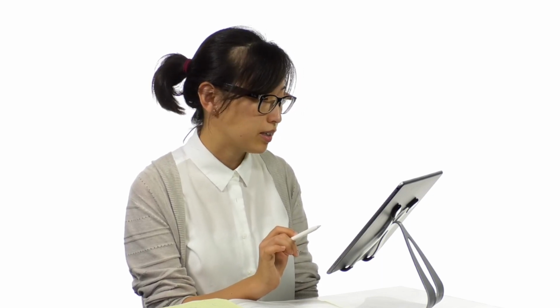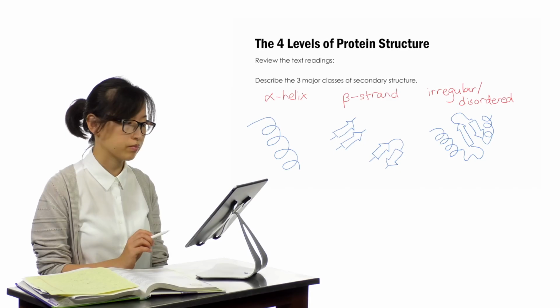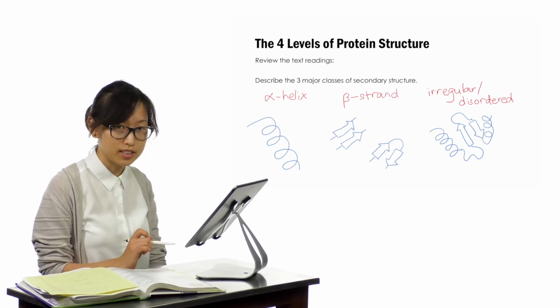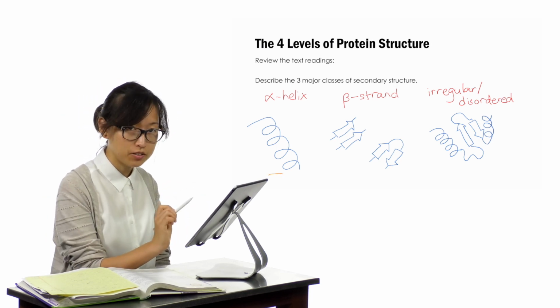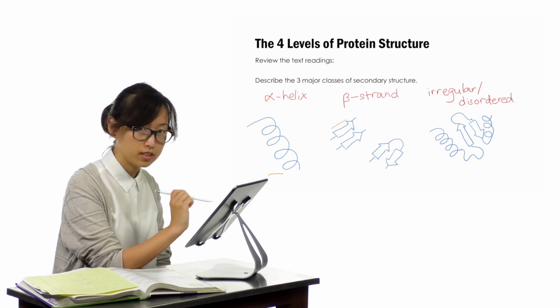Secondary structure describes the shape of the polypeptide backbone. Can you describe three major classes of secondary structure? The three major classes of secondary structure are alpha helix, as you can see here, beta strand, which describes one of these strands.